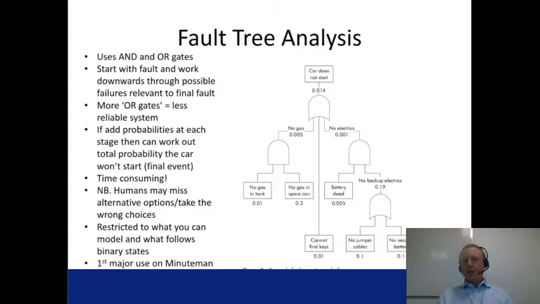So more AND gates equals a more reliable system, because two things have got to go wrong for an AND gate to trigger, whereas for an OR gate to trigger, only one of the two things needs to go wrong.